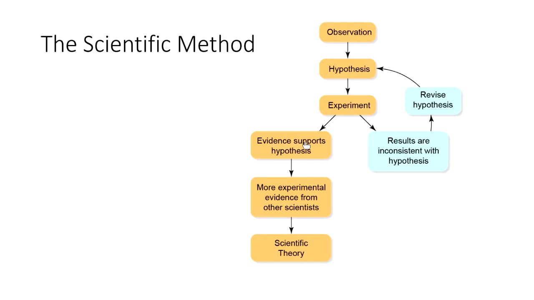And you can probably do more experiments so you can support it even better. You can tell your colleagues about your experimentation, and they can do the same experiments. And if everyone agrees, then you have a scientific theory, right?